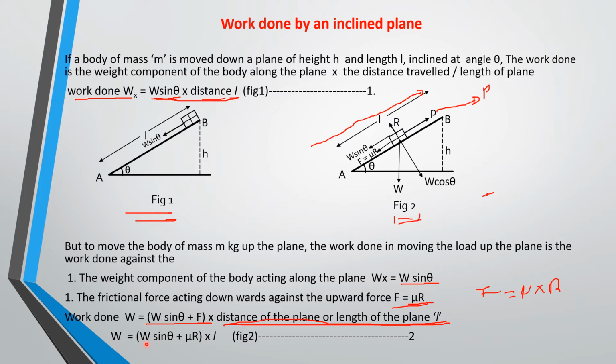So work done is equal to W sin theta plus frictional force times the distance.